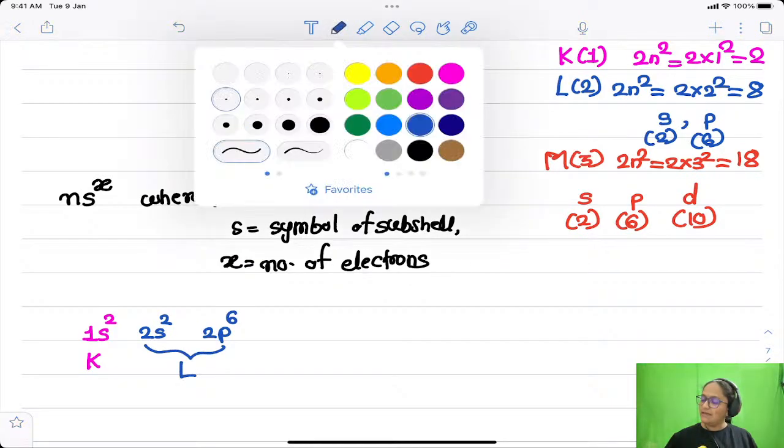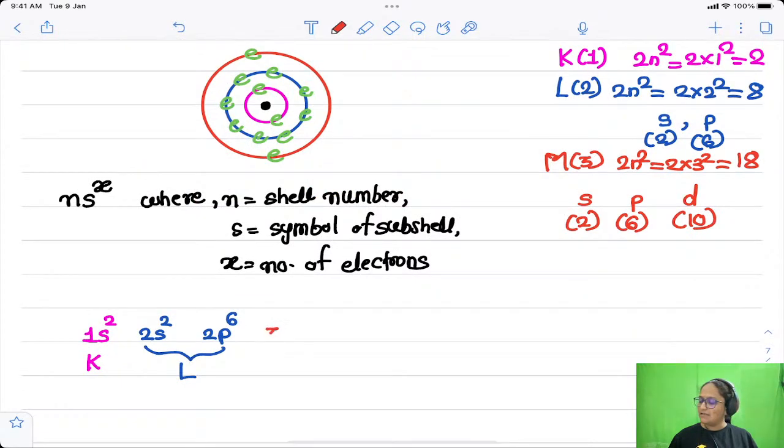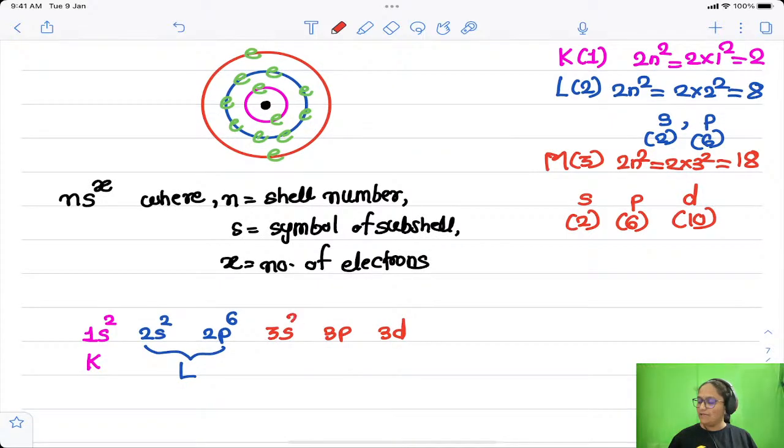Then the next shell is the third shell. The third shell has 3 orbitals, 3s, 3p and 3d. There are 2 electrons, so they will enter the s subshell. As there are no electrons in 3p and 3d, I will just delete them. No need to write them down because they are empty.